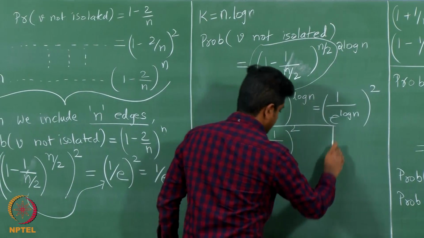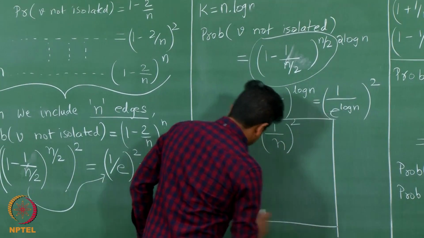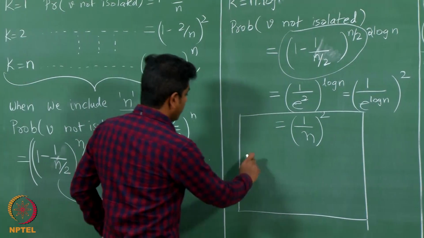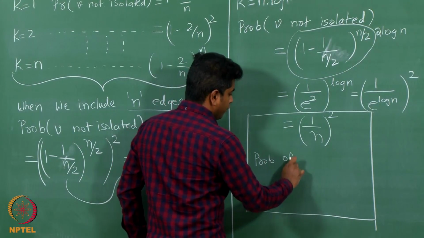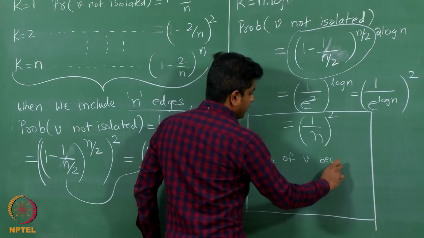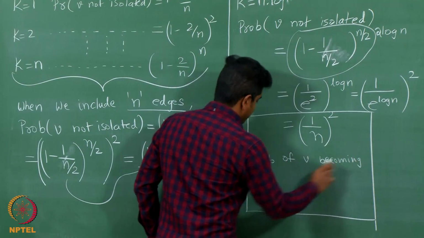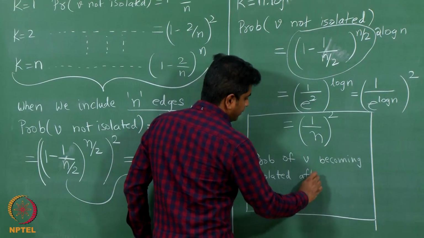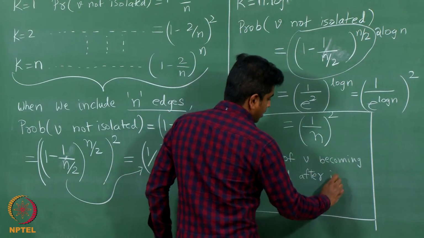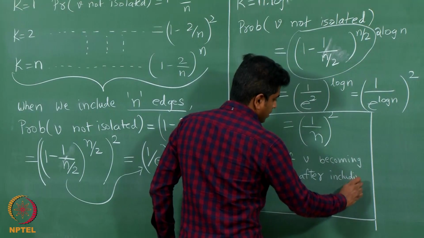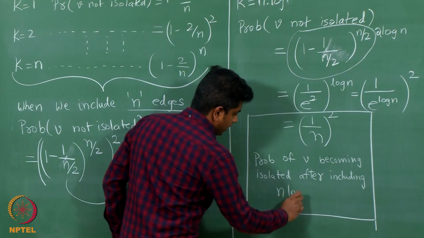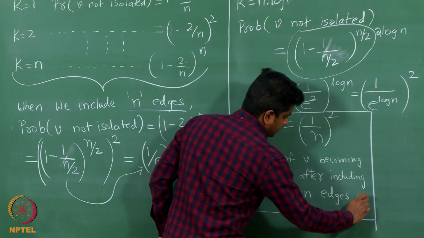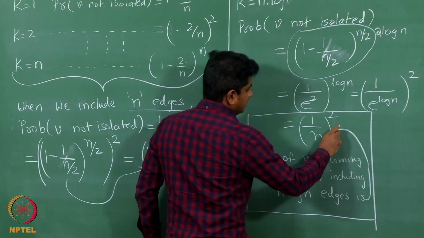Let me take a minute and stare at this and observe what just happened. The probability of a vertex V becoming isolated after including n log n edges is this.